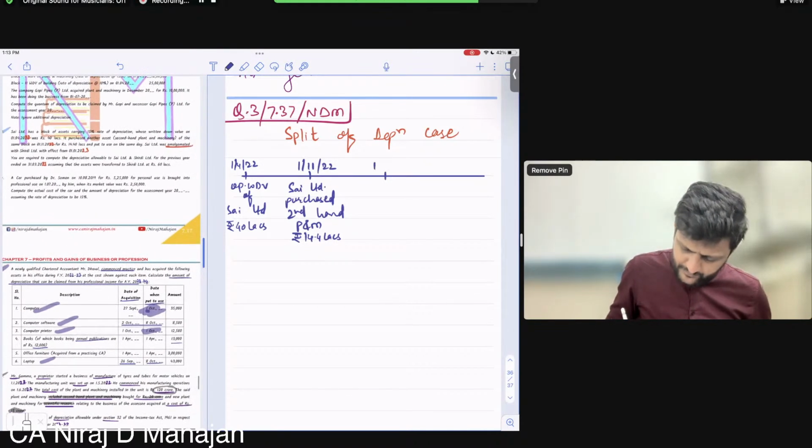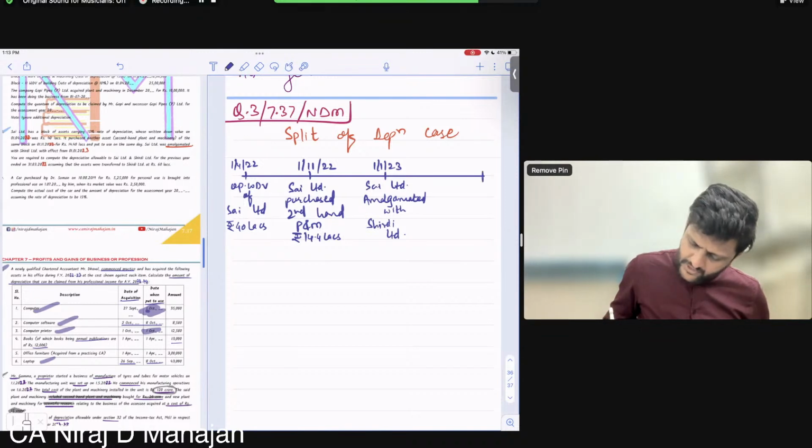On 1/1/23, Sai Limited amalgamated with Shirdi Limited. And 31st March 23 is the year end.